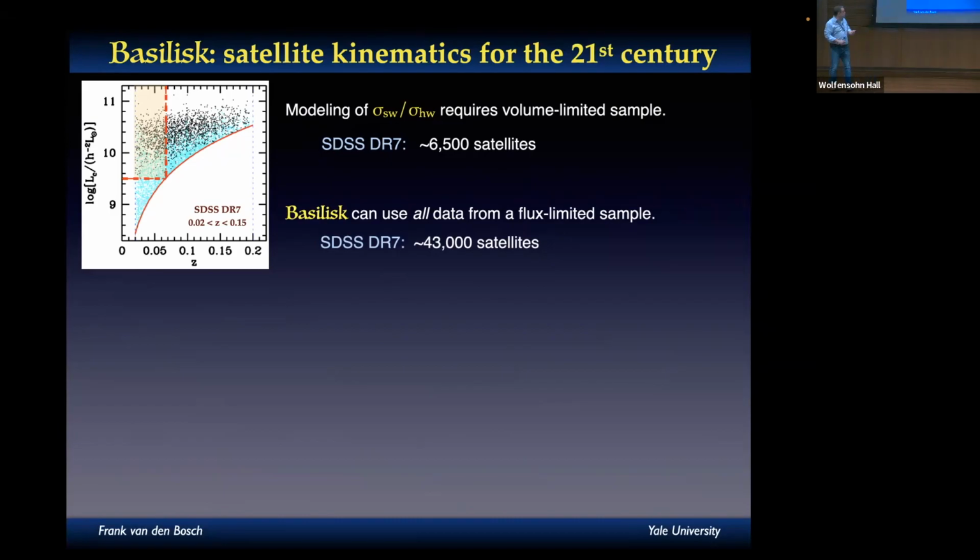It means you go to a beautiful survey like Sloan, so you have redshift, luminosity, this is the flux limit, you have all these galaxies there, and you make a cut like this, and you say, we're only going to use these galaxies. So even with something like Sloan, we ended up with only 6,000 satellites. But with Basilisk, we can use a full flux limited sample, and we get a bewildering 43,000 satellites. So the amount of data that you can use goes up dramatically.